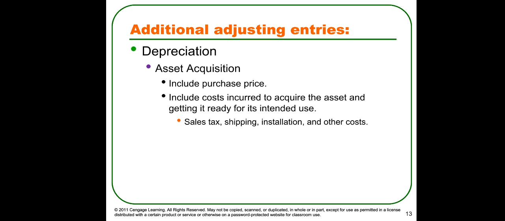So depreciation. The first thing that you have to know is asset acquisition. If you have a business, there is a time when your business needs to purchase a fixed asset or non-current asset.